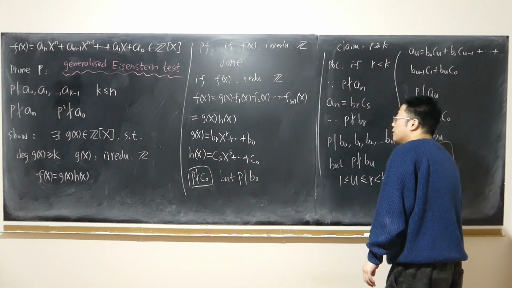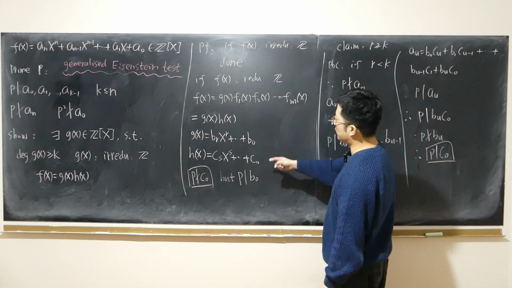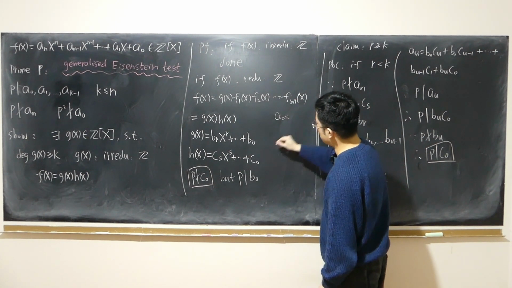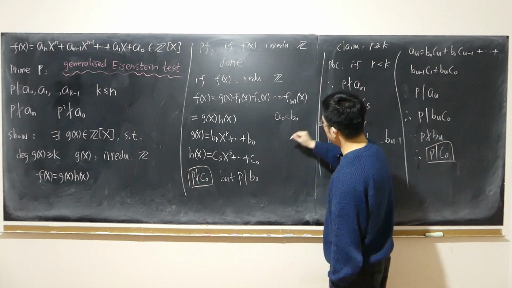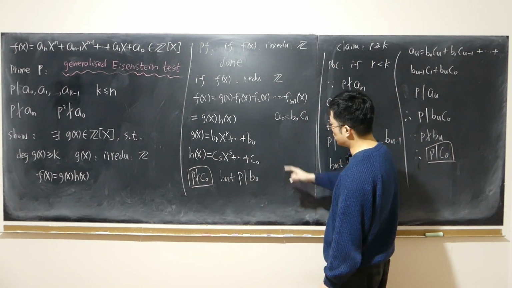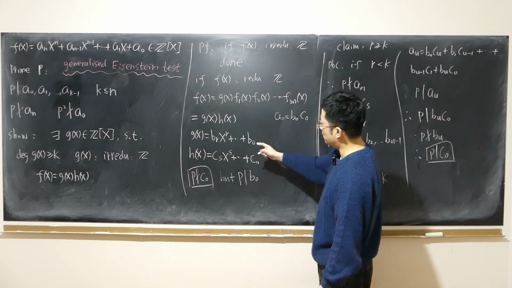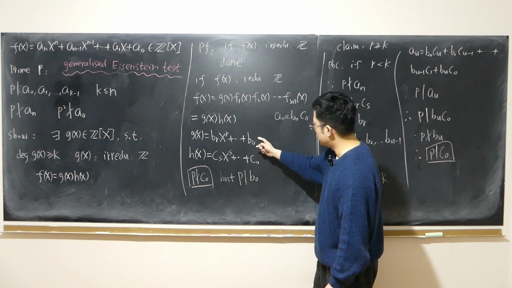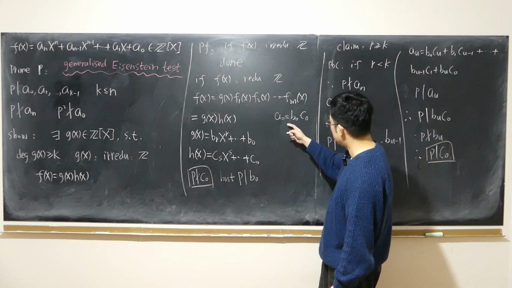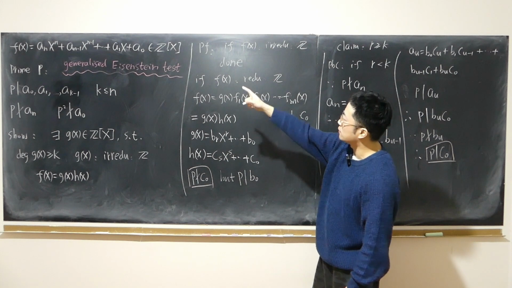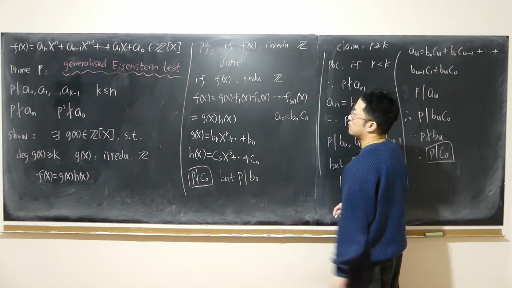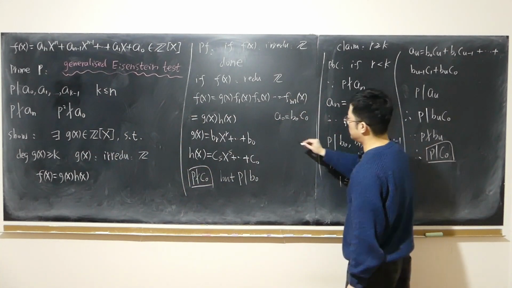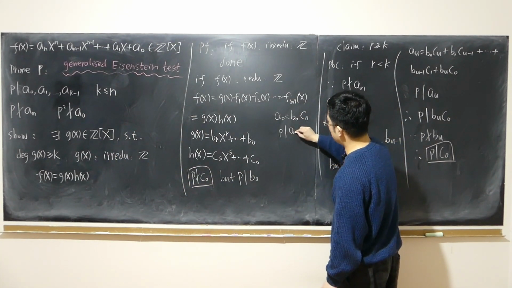It's all because A_0 can be written as B_0 times C_0. That's where the constant term comes from. F is a product of these two polynomials, and the product gives me this constant term. Recall that P divides A_0.